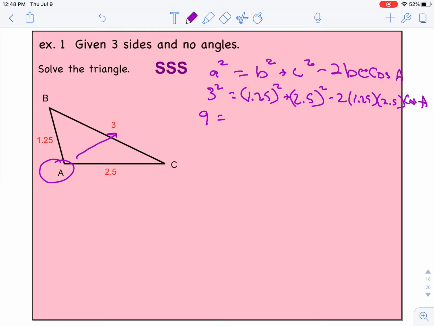So this is 9, obviously. So now if I take 1.25 and square it, that gives me 1.5625.